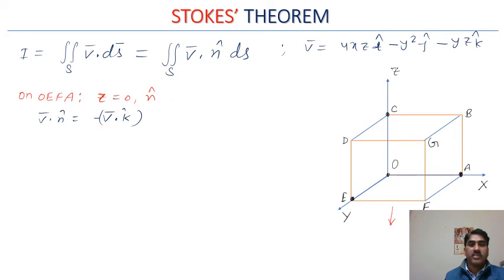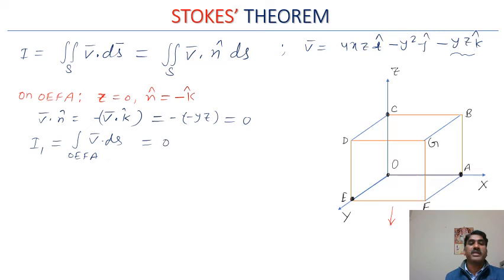V dot k is minus yz, and because z is 0, it is 0. So the integral I1 on this surface OEFA of V dot dS is equal to 0 because the integrand is 0.